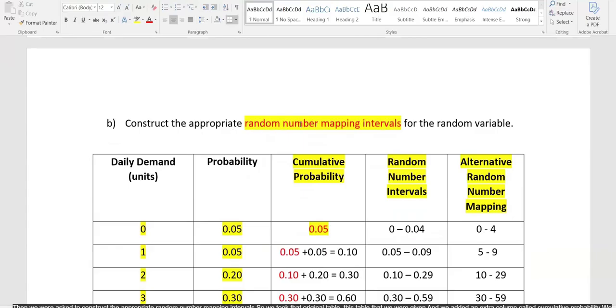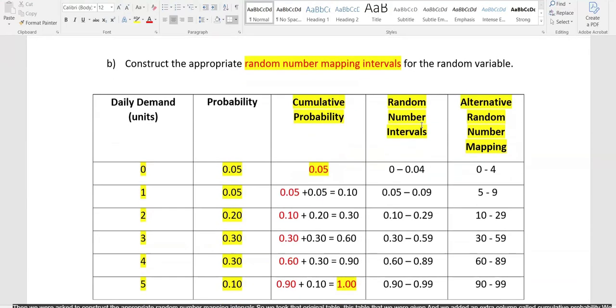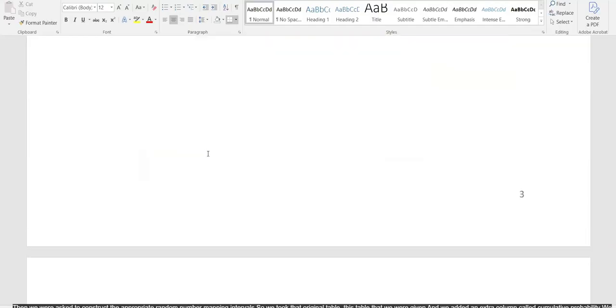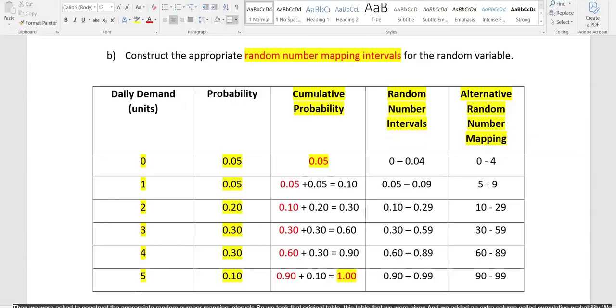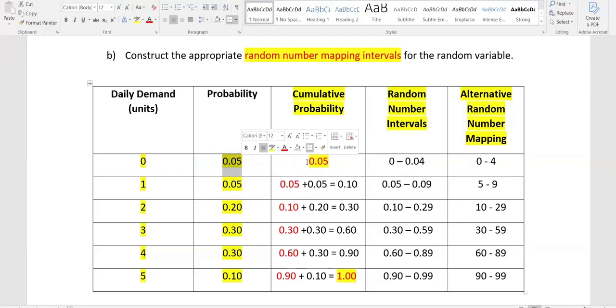Then we were asked to construct the appropriate random number mapping intervals. So we took the table we were given and added an extra column called cumulative probability. We started out with the first probability of 0.05. Always start the cumulative probability with the first probability you're given, then bring it forward here in red and add it to the probability you're in line with.